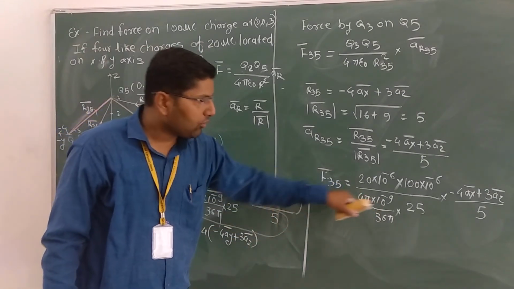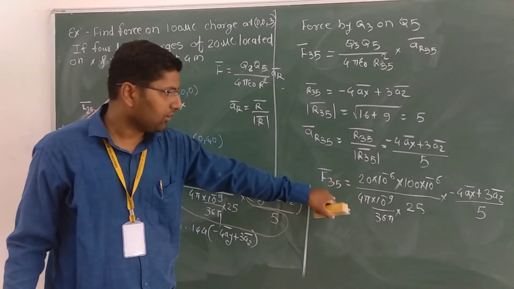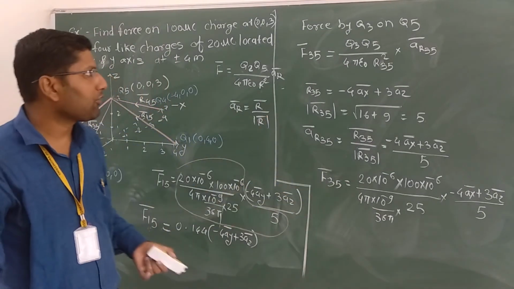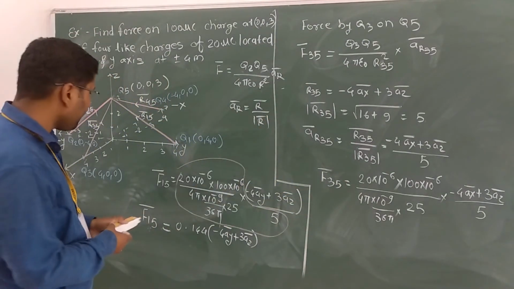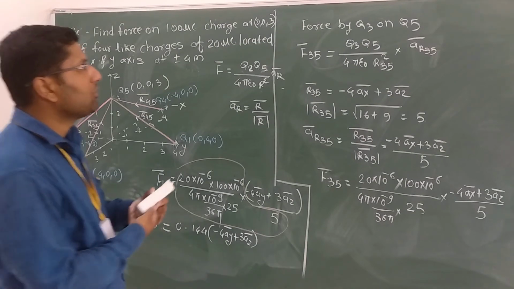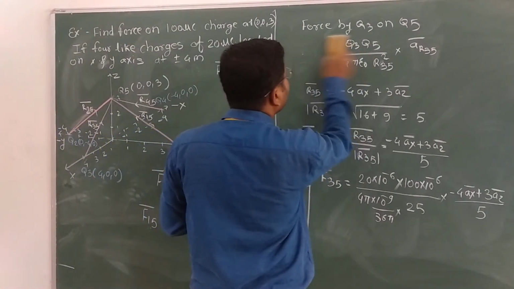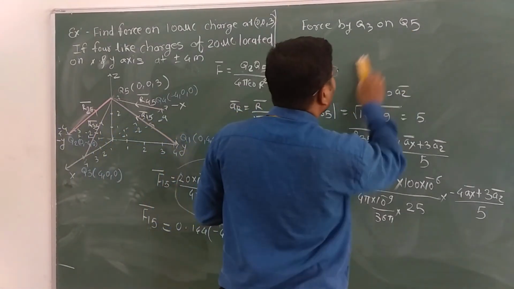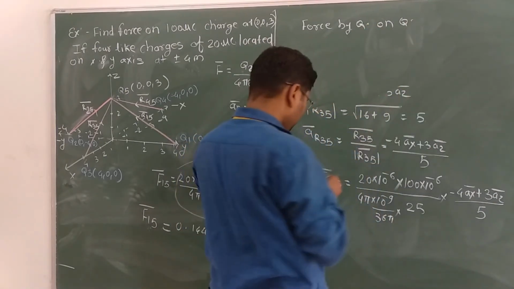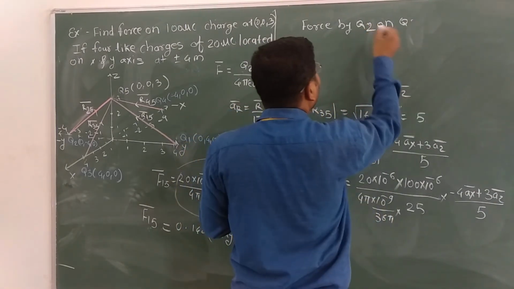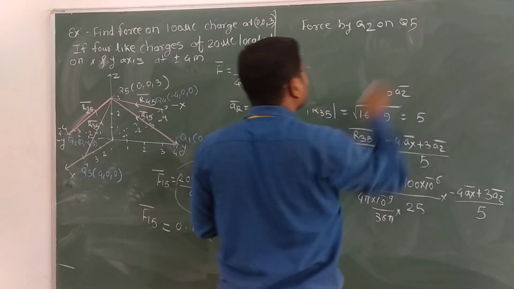So I think you have completed until here, F35 bar. Then we will calculate the next part, that is F25 bar, the force by Q2 on Q5.